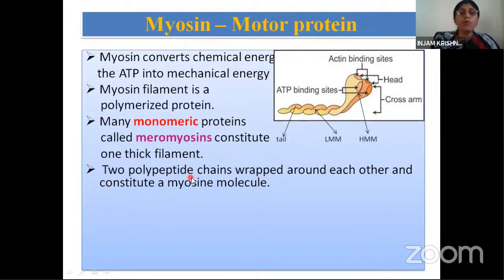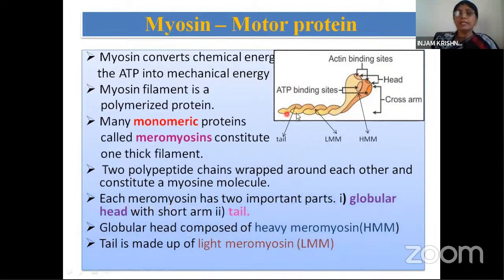Two polypeptide chains wrapped around each other and constitute a myosin molecule. So it is a meromyosin. Meromyosin forms the myosin molecule, not the myosin protein. Don't get confused. A number of myosin molecules together form the myosin protein.